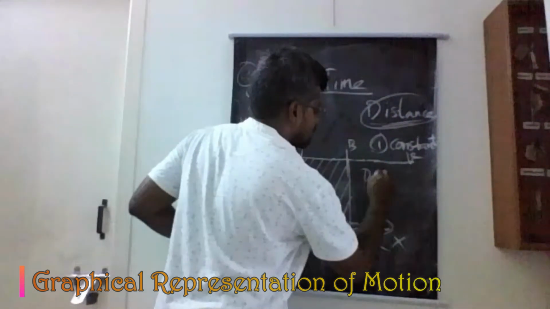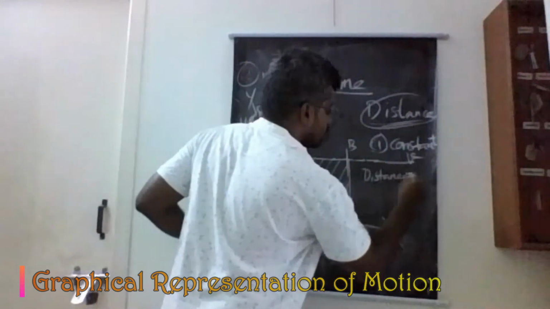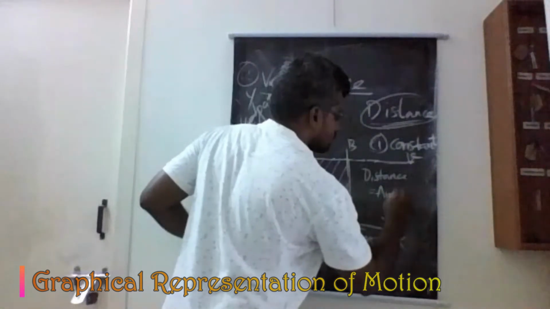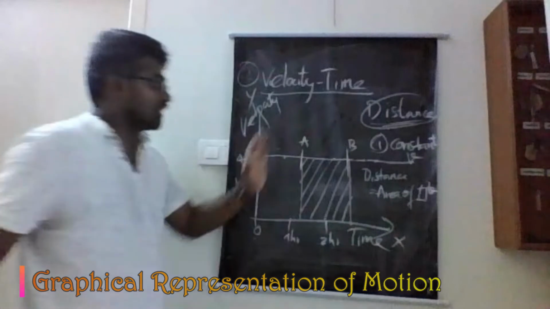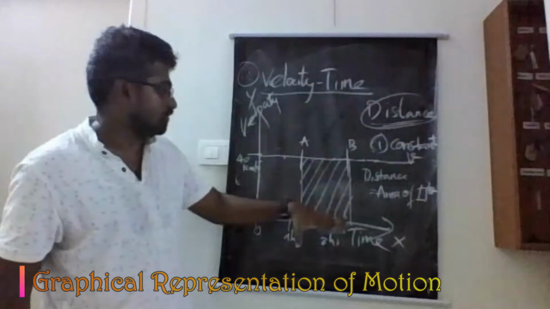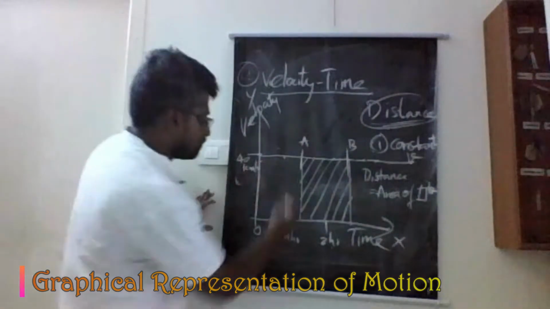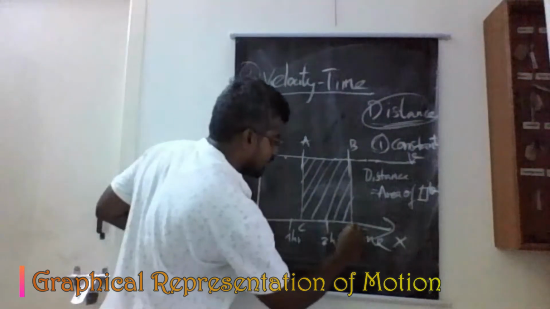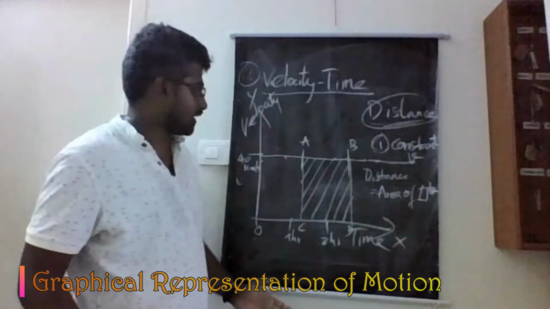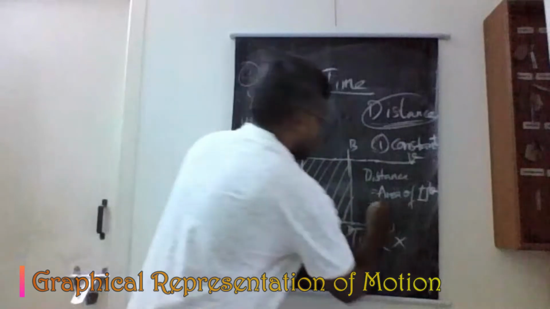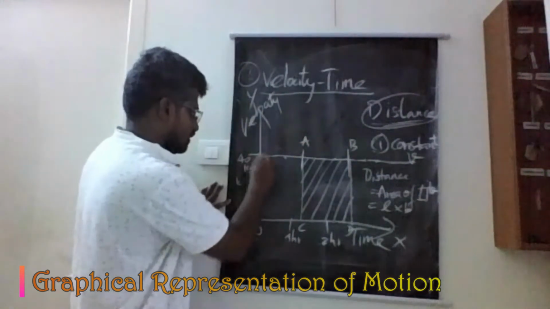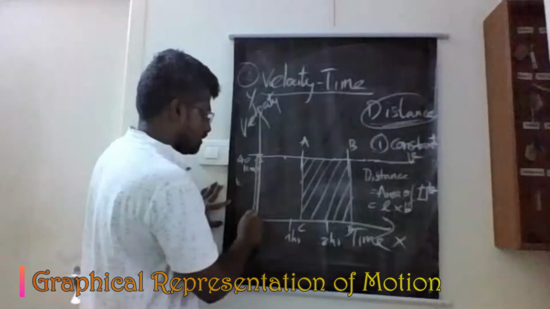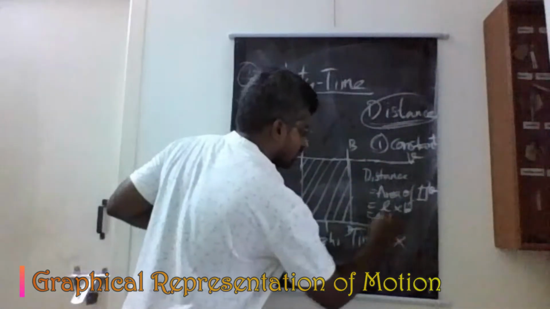So distance is equal to the area of the rectangle. For example, when I call it C and D, what is the area of the rectangle? L into B. What is L? L is this length, 40 km per hour.